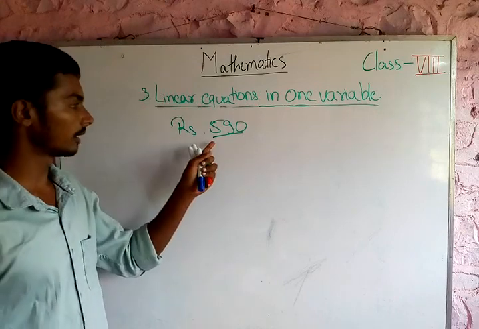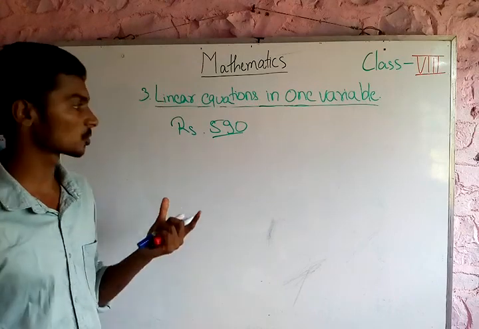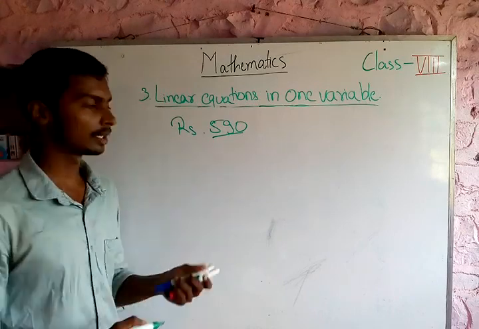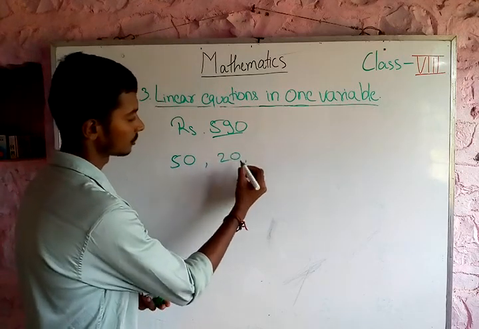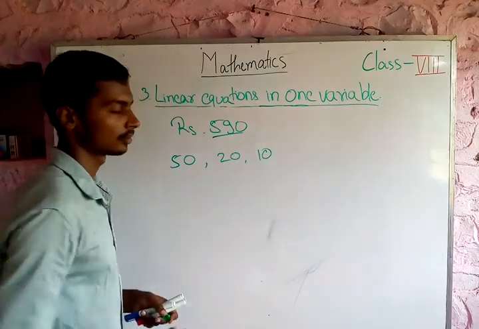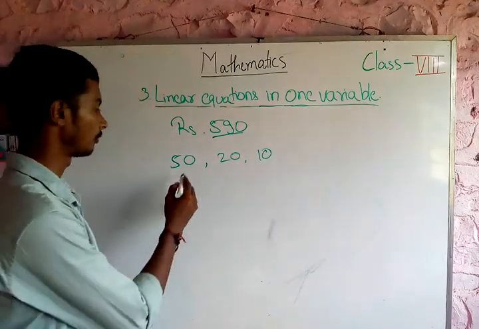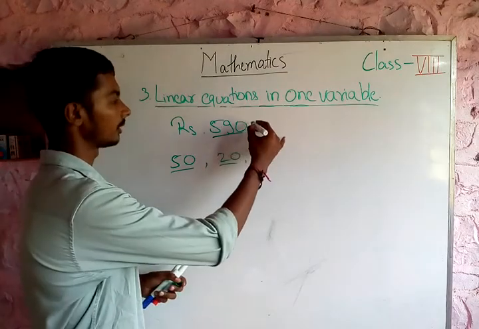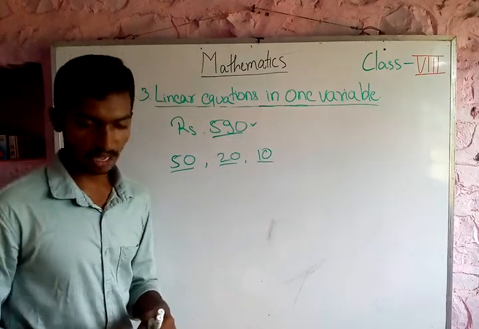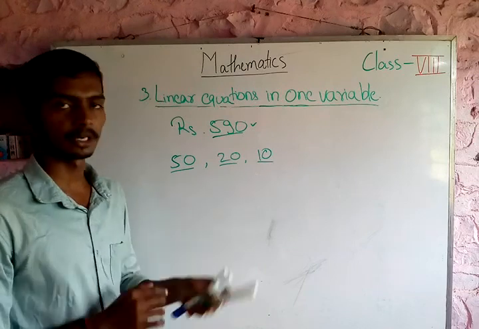In total he has 590, but the denominations, that is the notes he has, are 50 rupee notes, 20 rupee notes and 10 rupee notes. In total he has 590. How many 50s, how many 20s, how many 10s, we don't know that.